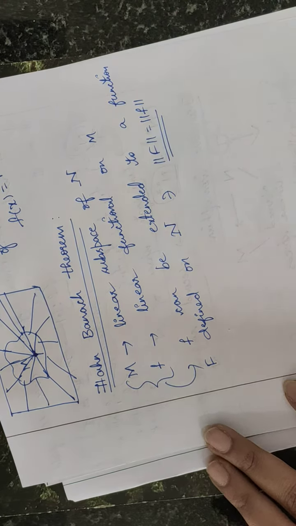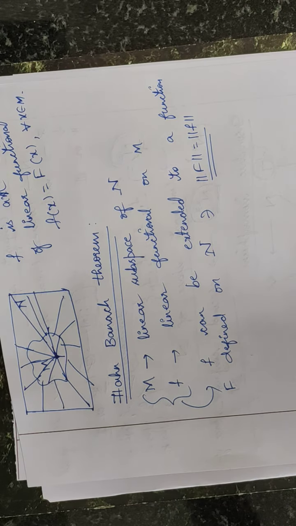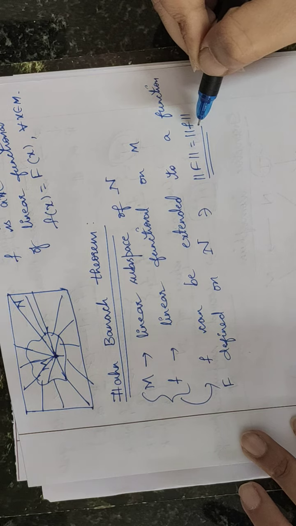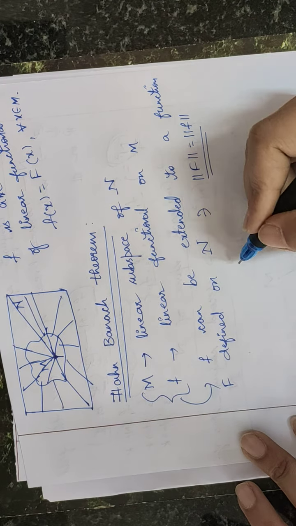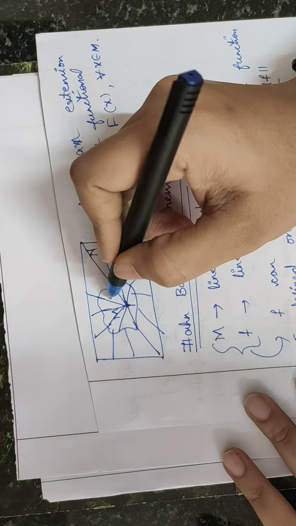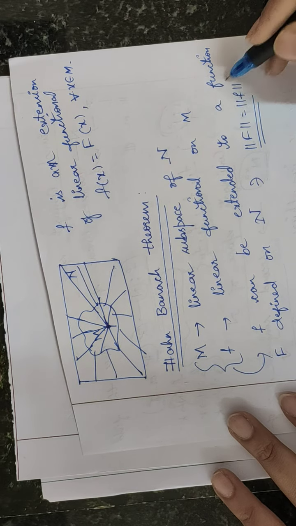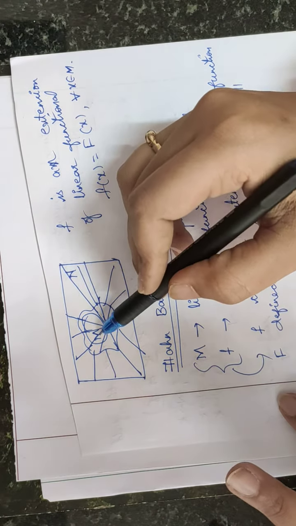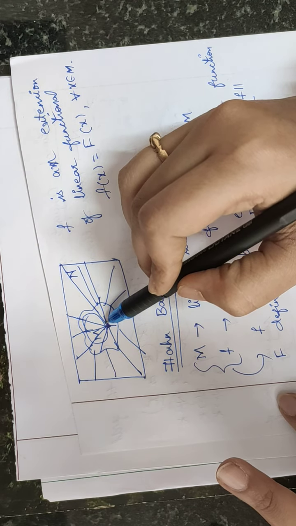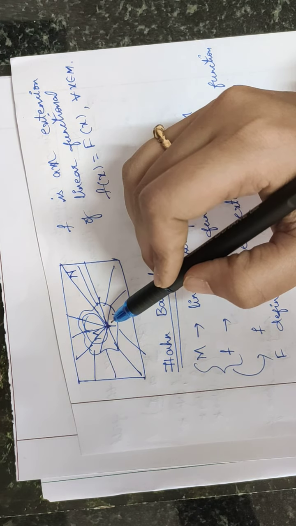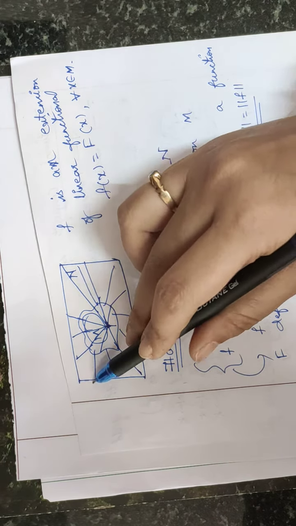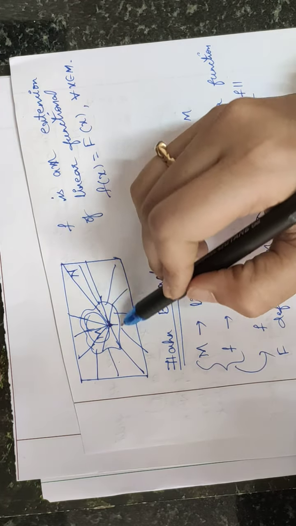This is what we have to prove. In order to prove this, I have to use one lemma, because first I have to check whether I can extend the function in my subspace. If the conditions are true in M, then I can extend to N. So first I have to check for M.